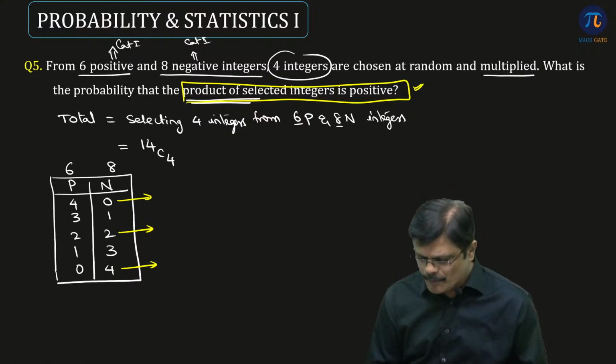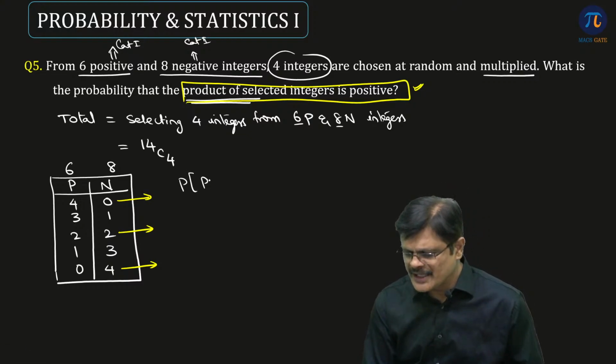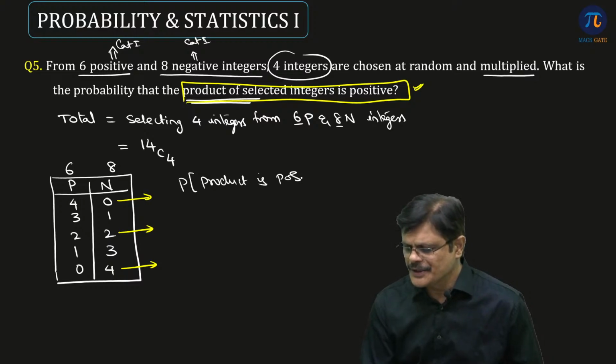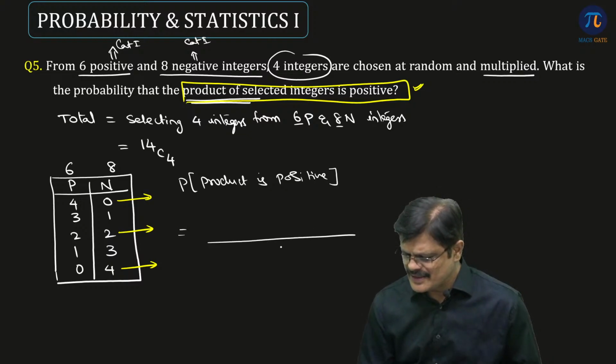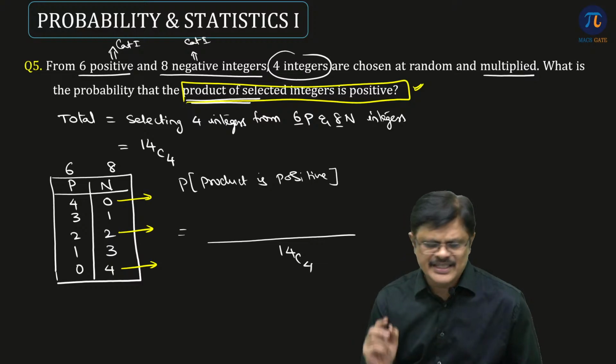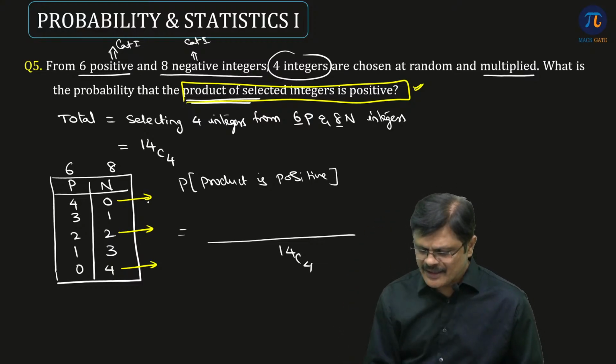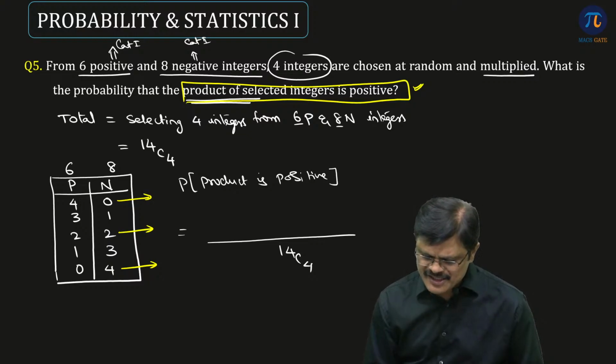So what is the probability that the product is positive? Of course, the denominator is always the total possibilities, that is 14C4, and the numerator is how many are favorable for these 3 cases. How many are favorable for the first case? 4 from 6, that can be done in 6C4 ways.